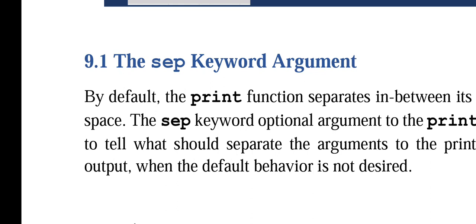This is the first time we are going to look at a keyword argument passed to a function. It is basically like an assignment statement, but this time passed to the bracket part of the function.